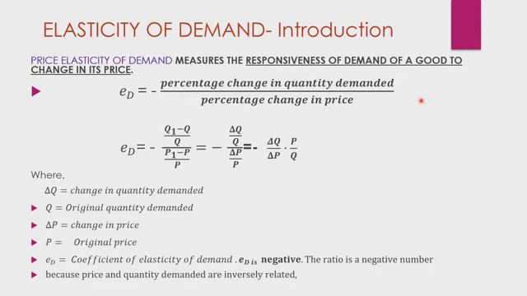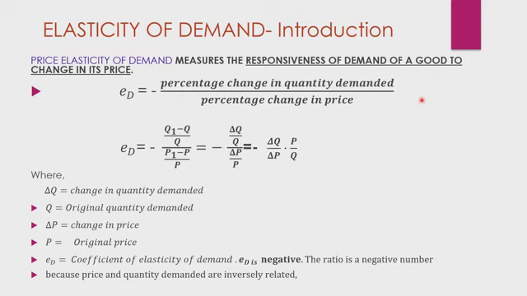Now what is elasticity of demand? Elasticity of demand actually means what is the change that you are going to bring in your quantity of consumption because of the change in the price. So with an increase in price, there will be a decrease in your quantity demanded. With a decrease in price, there will be an increase in the units of consumption of a particular good.